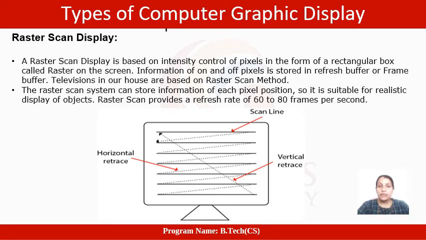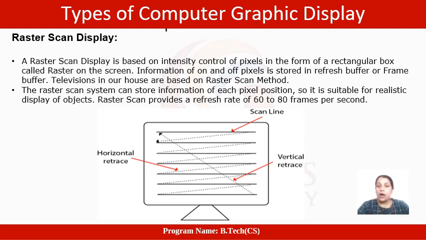A raster scan display is based on intensity control of pixels in the form of a rectangular box called a raster on a screen. Information about on or off pixels is stored in a refresh buffer or frame buffer.